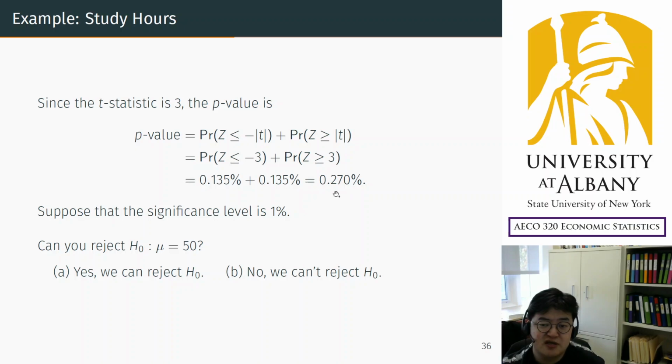But your outcome is top 0.27% suspicious, much more suspicious than your standard. So you are going to reject the null hypothesis. If the p-value is smaller than the significance level, you are going to reject the null hypothesis.